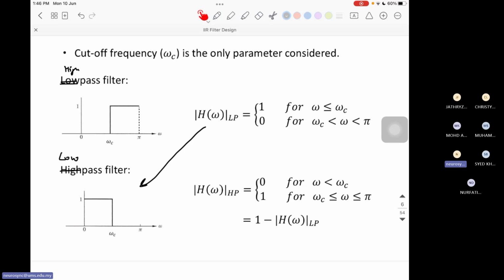The low pass filter transfer function is designed such that it only passes the lower frequencies. Now the high pass filter only passes the higher frequencies, which means the frequencies greater than or equal to the cutoff frequency, and the frequencies below the cutoff frequency are zero. This is the magnitude plot, mod of H of omega.